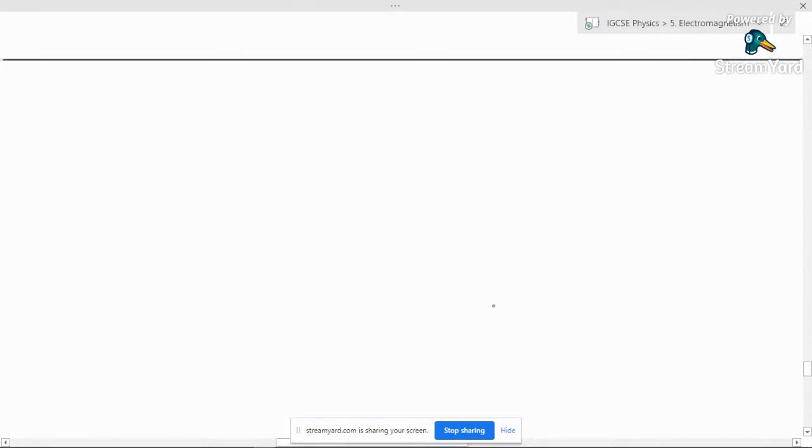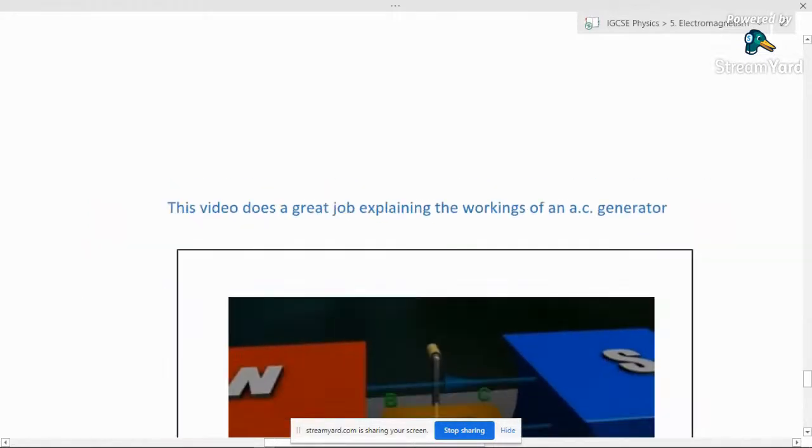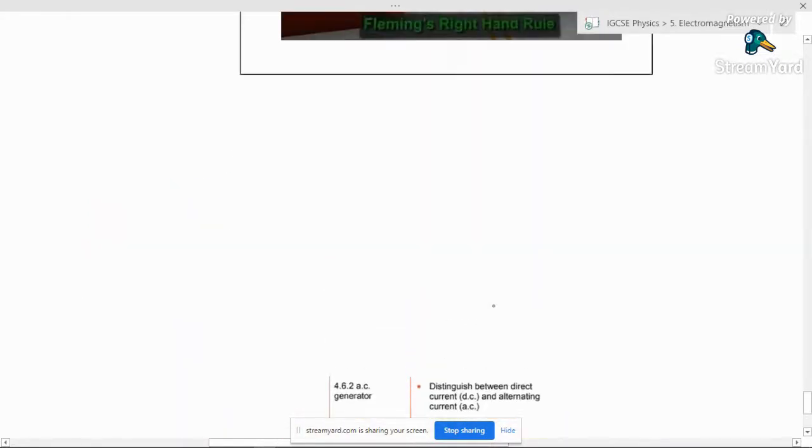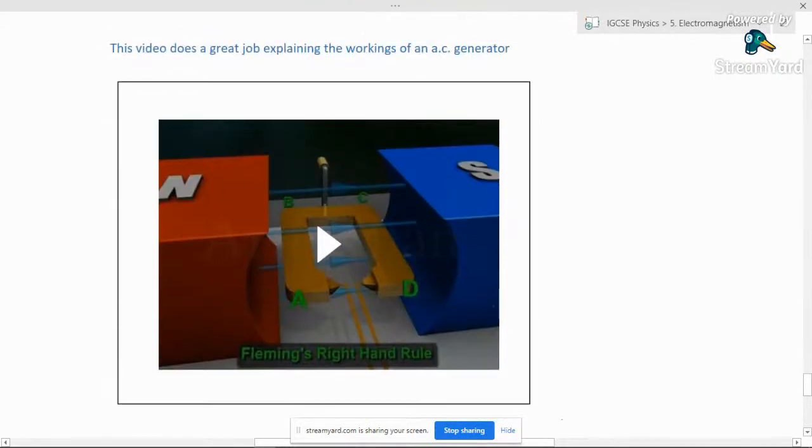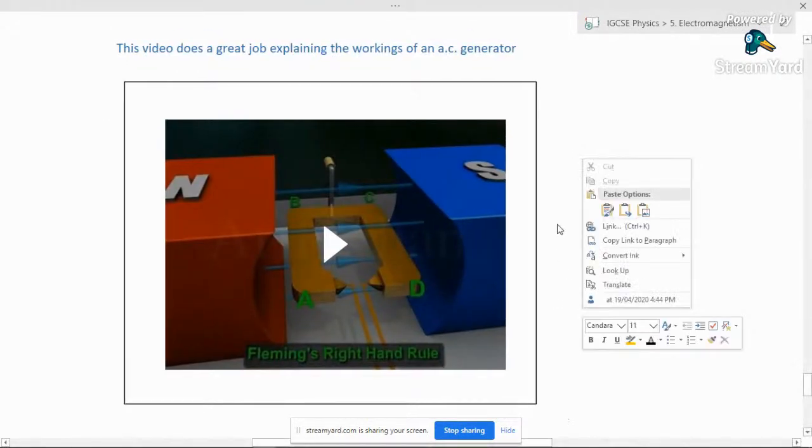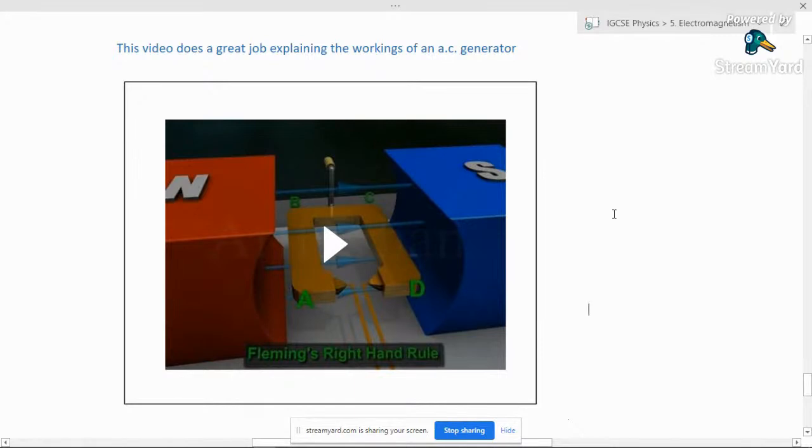Okay, so that's the end of the presentation. If I were you, I would go on to this OneNote presentation and watch this video at the bottom. It's really good. It really goes through everything really well. You'll see in the video they use Fleming's right-hand rule, it says right down here at the bottom, instead of what we use, the right-hand palm rule.